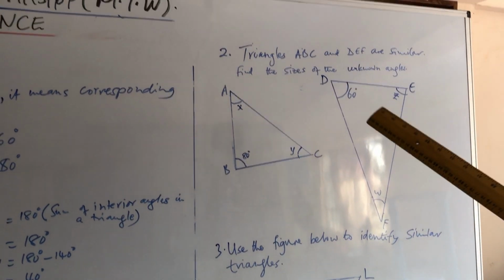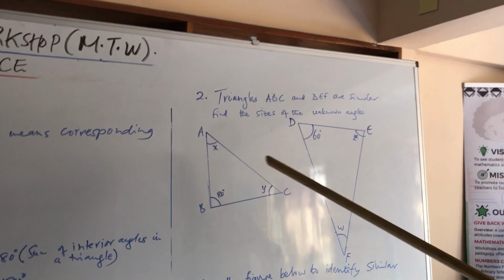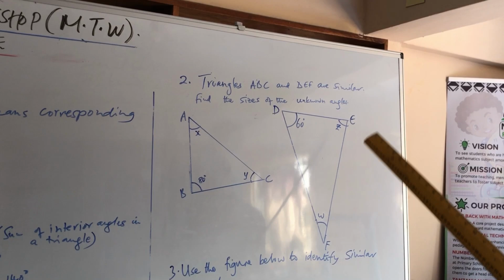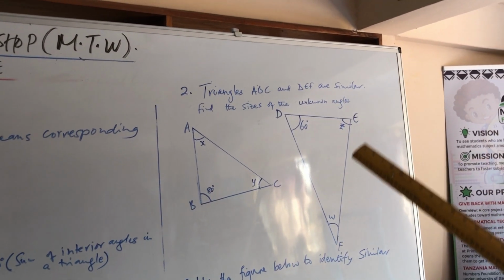Now, we are told they are similar. If they are similar and we don't have any information about their sides, it means then the similarity is based on the angles.